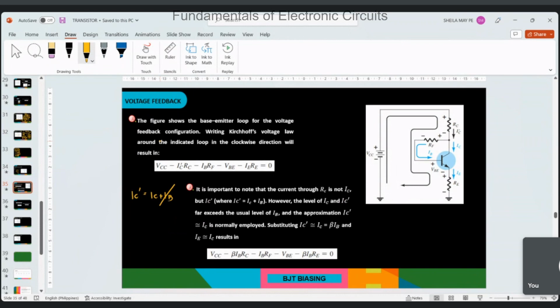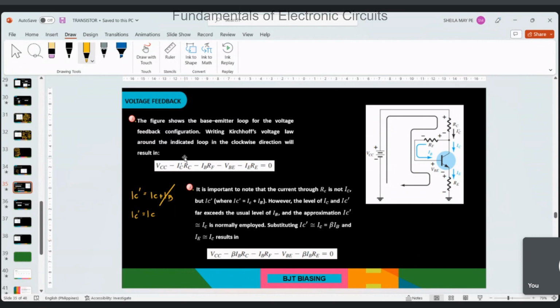So therefore, IC bar is equal to IC. Now substituting IC bar, which is equal to IC, and IC is equal to beta IB. And remember, IC is also equal to our IE, which results in VCC.